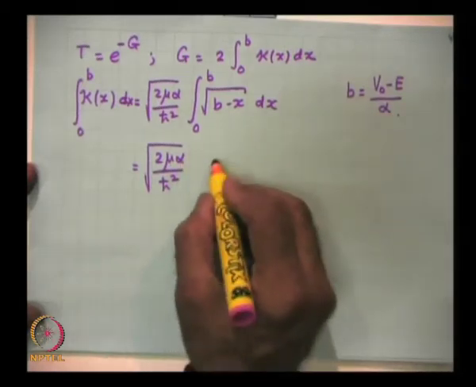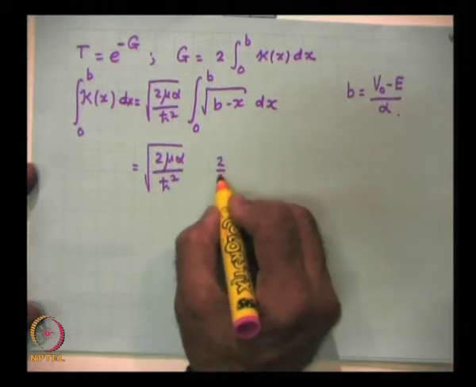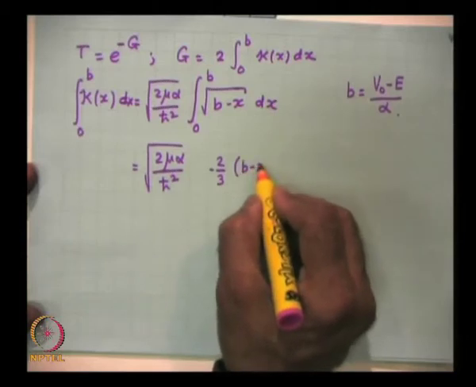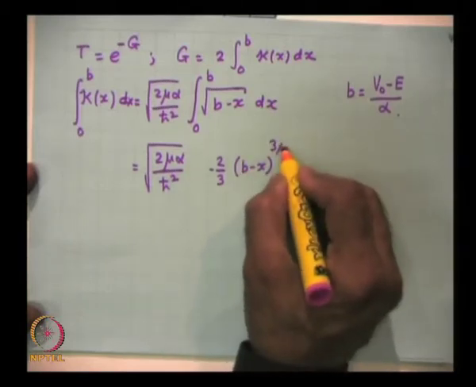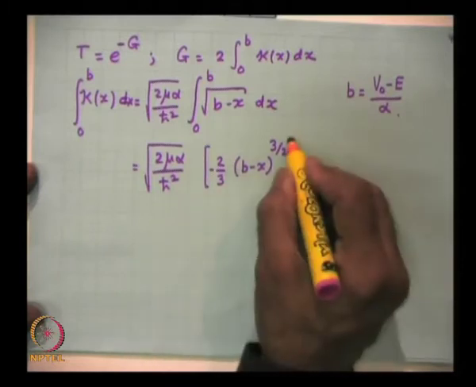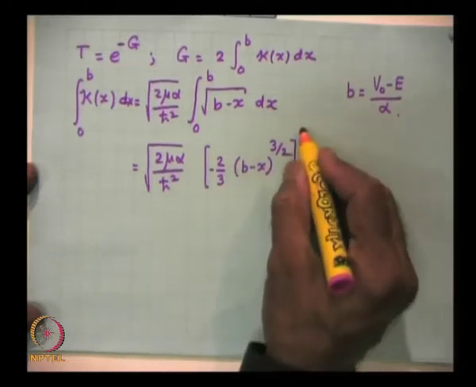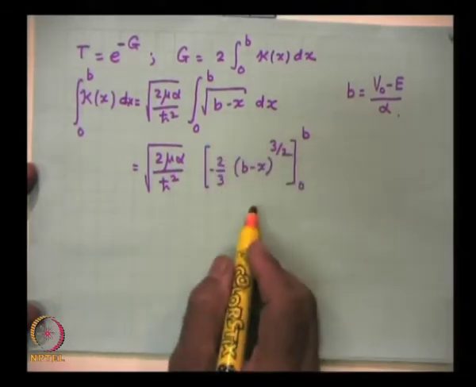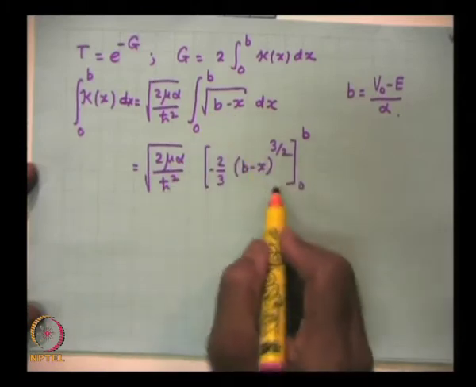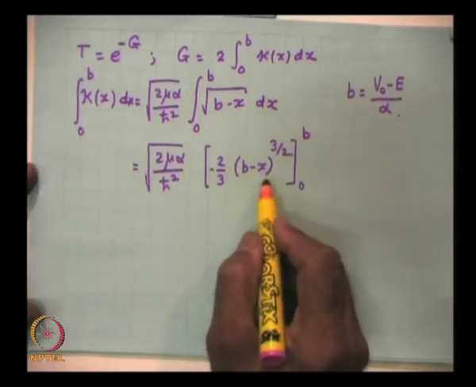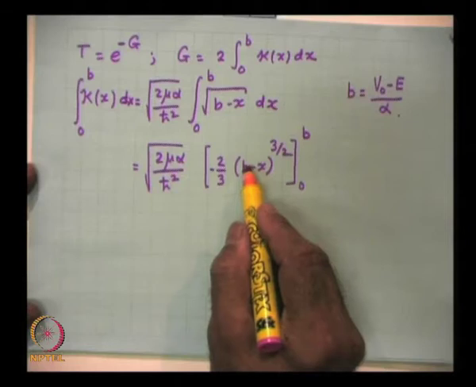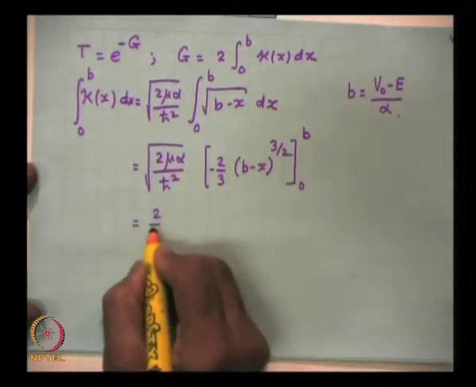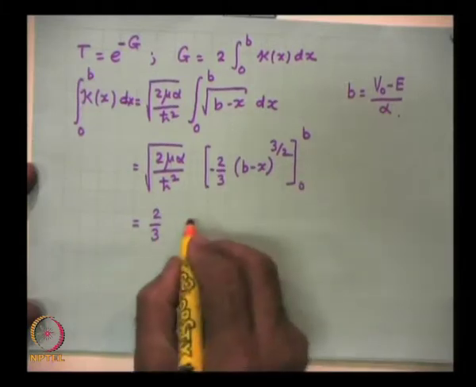So, this is 2 by 3 with a minus sign, and then b minus x raised to the power of 3 by 2. This is a very simple straightforward integration. At the upper limit, the integrand itself is 0, because x is equal to b. So, I get 2 by 3 b raised to the power of 3 by 2.